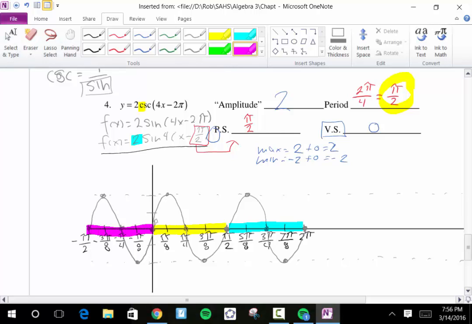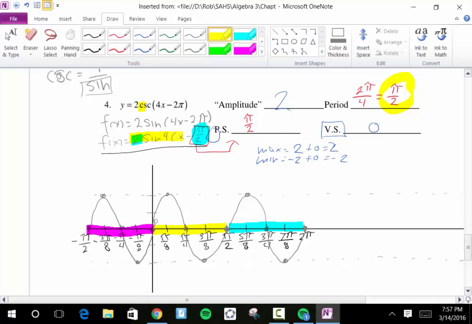Okay. Now, what they want you to do now, so let's just make sure we're all on the same page. We just did this, okay? We have not incorporated this phase shift right here into it yet. Let's incorporate it right now. What that phase shift does is it takes this function right here in yellow, and it shifts it to the right pi over 2, okay?